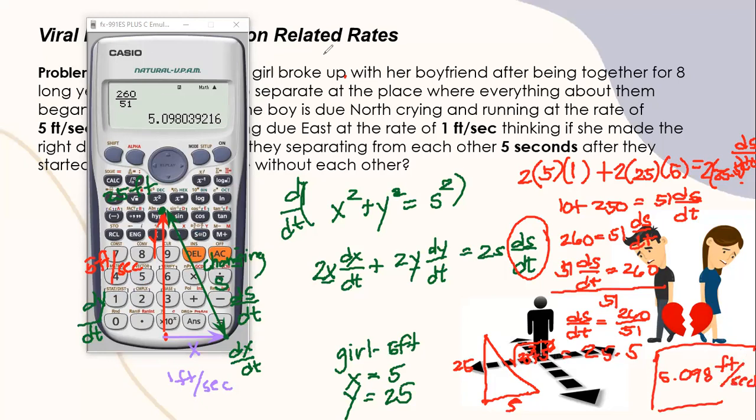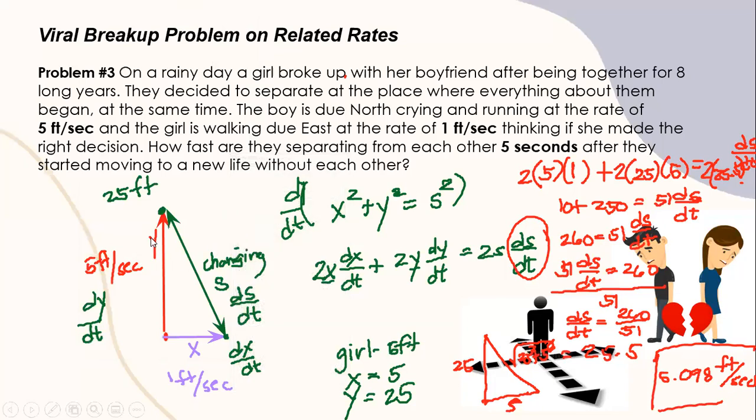Okay? So habang nag-change yung ating y and x, okay, habang sila ay naglalakad, yung separation nila ay nag-change 5.098 feet per second. Okay, so yun yung rate ng separation.